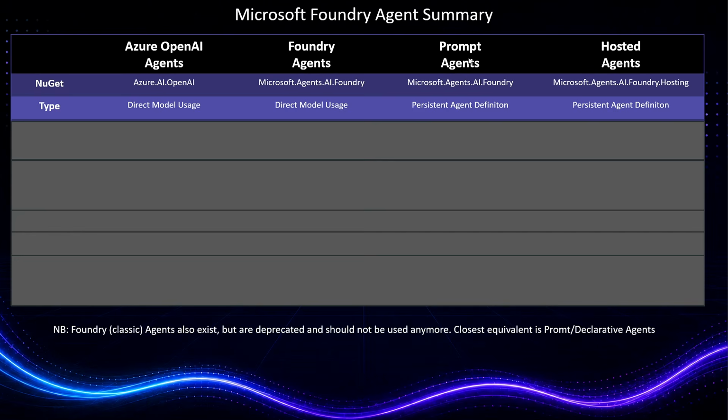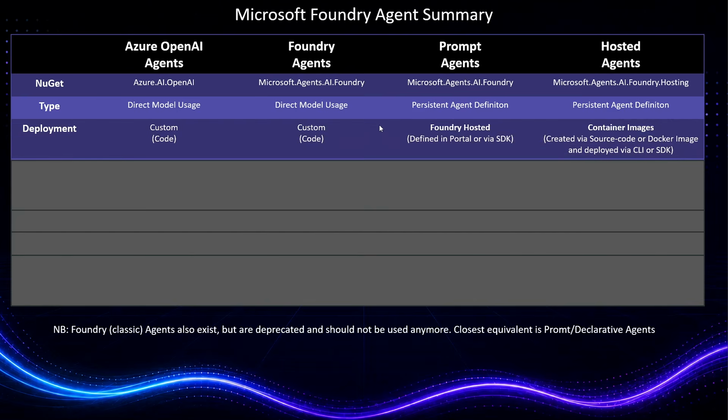The prompt agents are persistent, so they keep track of everything, keep track of the previous conversations there have been, so you don't need to care about that. So that is definitely a nicer way if you're okay with having a little more cumbersome setup.